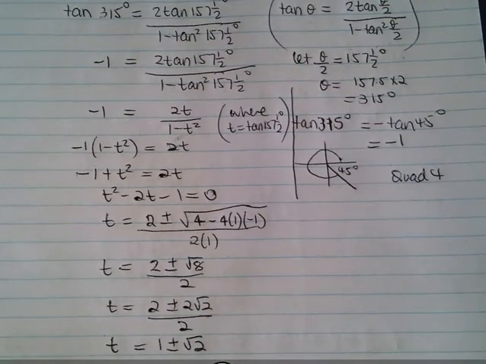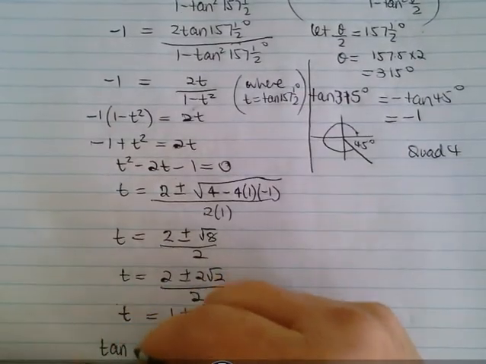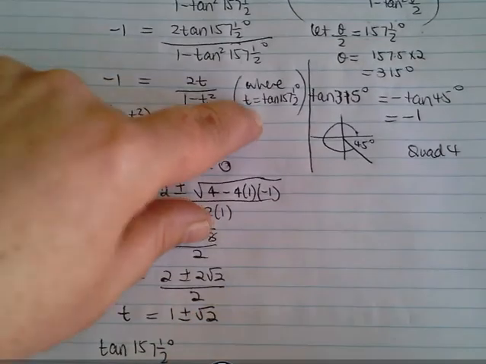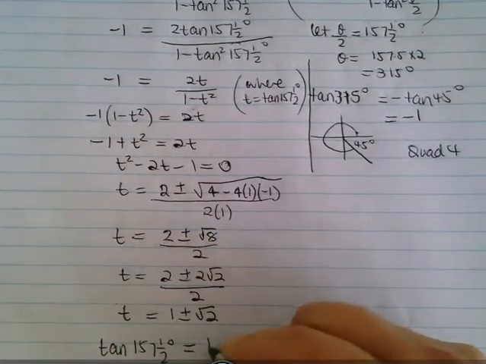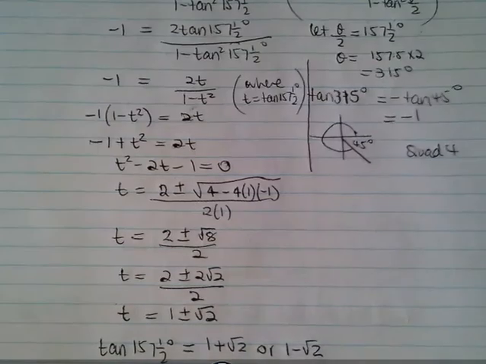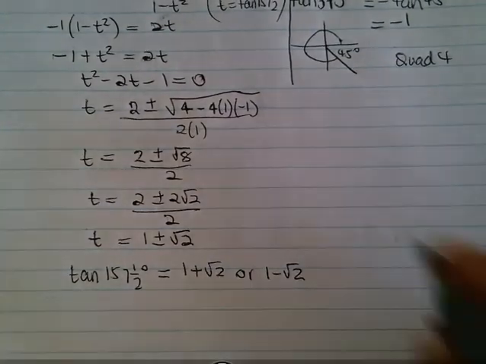Now, we're doing tan of 315. Sorry, no we're not. We're doing tan, so isn't T tan of 157.5 degrees? T is tan of 157.5 degrees equals either 1 plus root 2 or 1 minus root 2. Now, tan of 157.5 degrees, which quadrant?